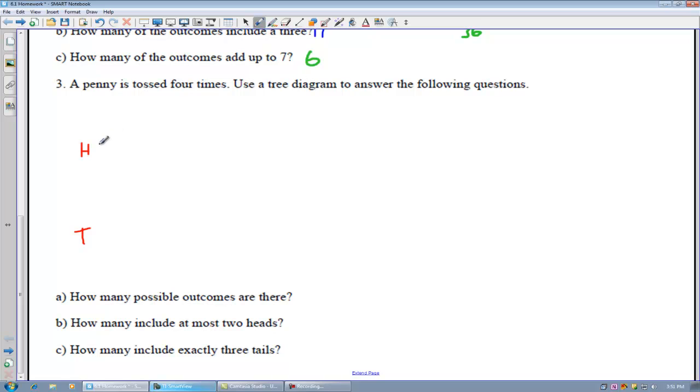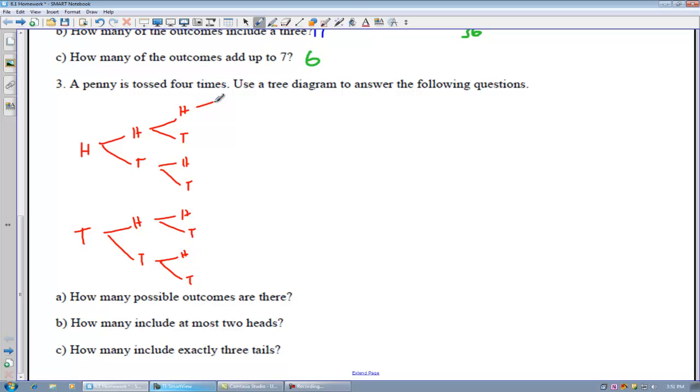On the next toss, you have 2 little branches. You get, again, a heads or a tails. And on the third toss, you get heads or tails here, heads or tails there, heads or tails here, heads or tails there.